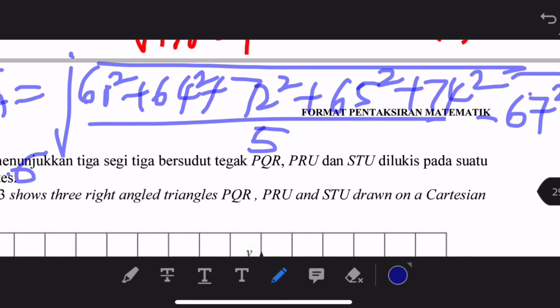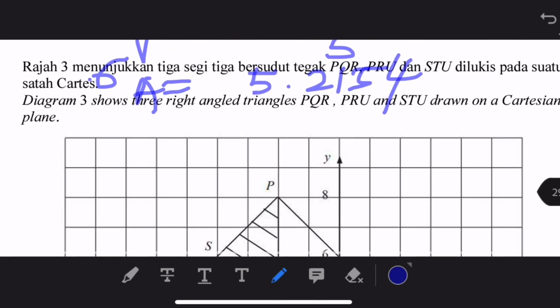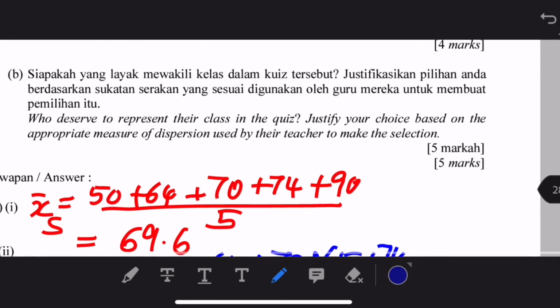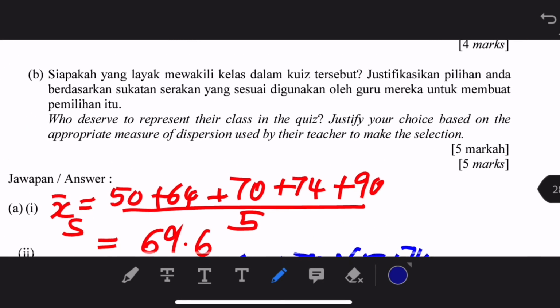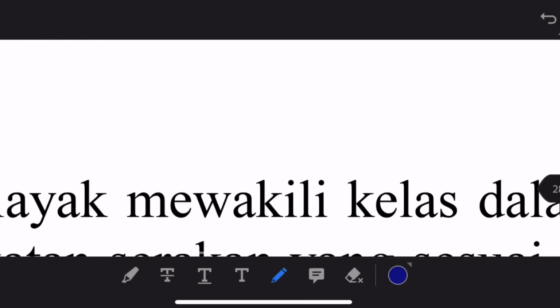So the standard deviation for Armin is 5.2154. Based on the smaller standard deviation, the candidate that I will choose will be Armin.